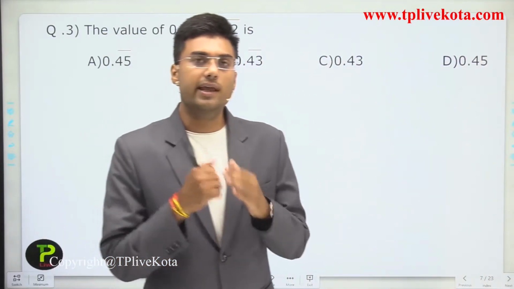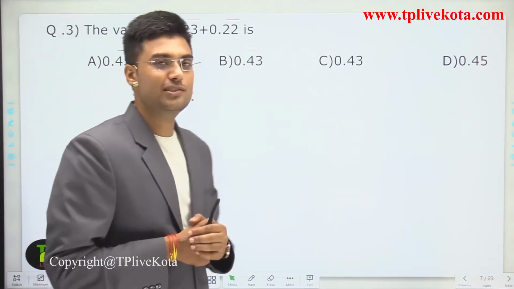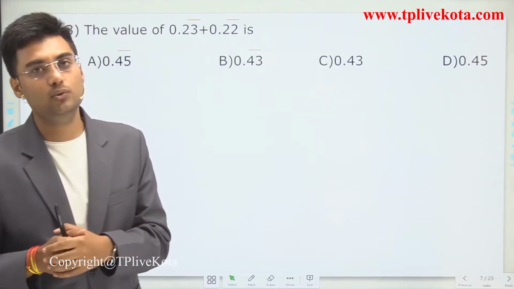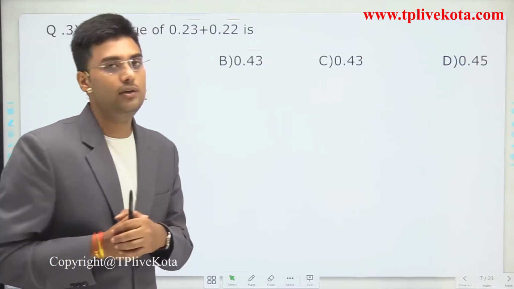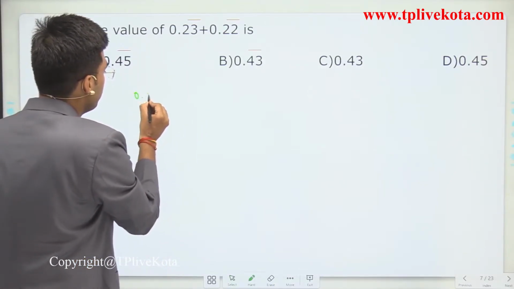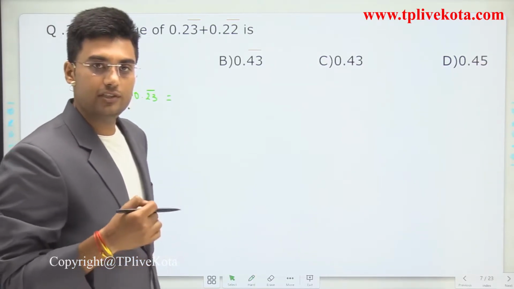Now, the next question is 0.23 bar plus 0.22 bar. We have to find the value of 0.23 bar plus 0.22 bar. Dear students, we know how to convert recurring decimals into fractional form.